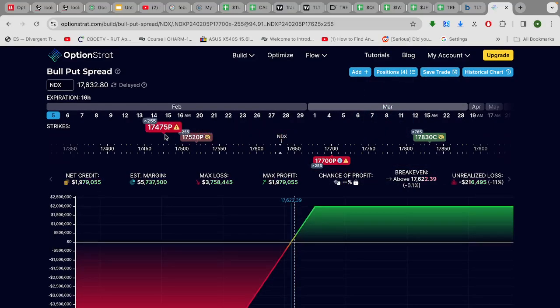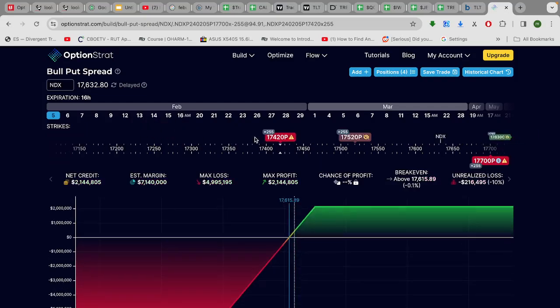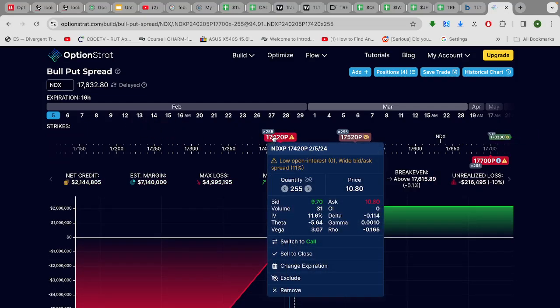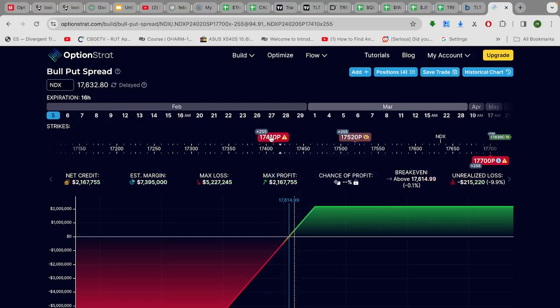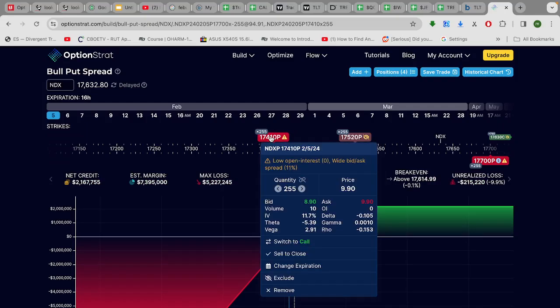It's a 10 delta, or a negative 10, because puts are negative, but you still call it a 10 delta. There's an 11. So there you go. You do it just like the bull, as a 3-to-1 ratio. So instead of 255, it'd be 765.